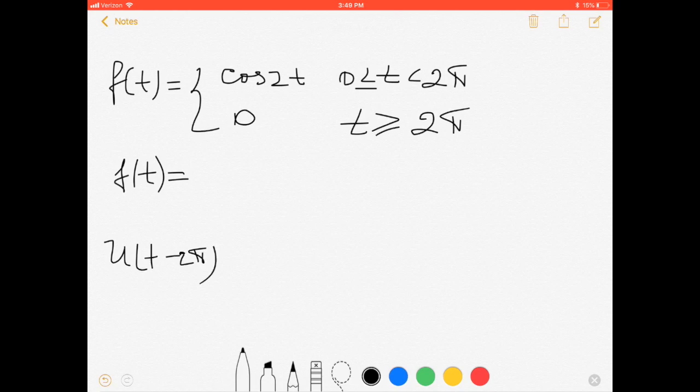Until 2 pi I have 0, after 2 pi I have 1, but I need the opposite. Okay, what are we doing? We have 1 minus u(t minus 2 pi), and then multiplied by cosine 2t.